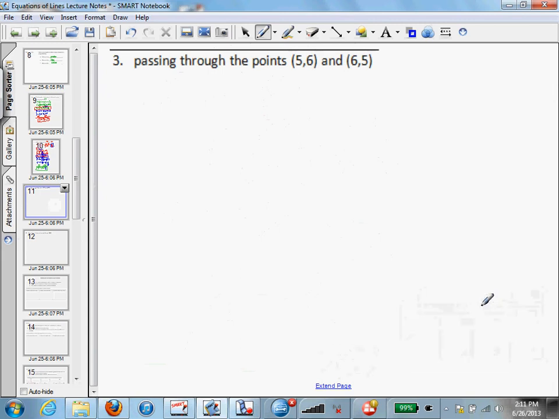Okay, and we have 2 more examples left for this section, so let's take a look at these. We have a line passing through these points. We want to use x1, y1, x2, y2.